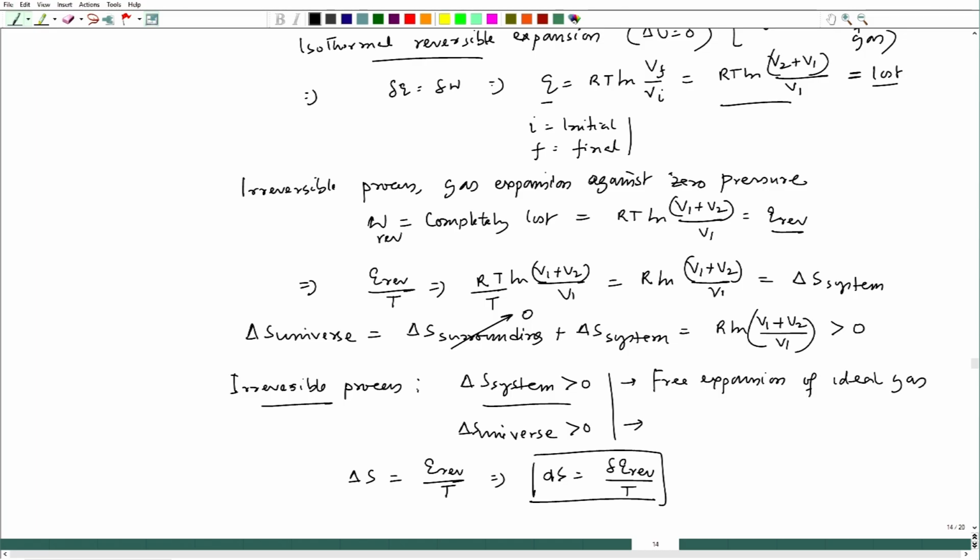Now we will have to look at this particular del S term more carefully. So, in the next lecture, what we will do? We will do another experiment, a kind of virtual experiment, and then we will try to look at this entropy consideration and what happens to this entropy when we reach equilibrium.